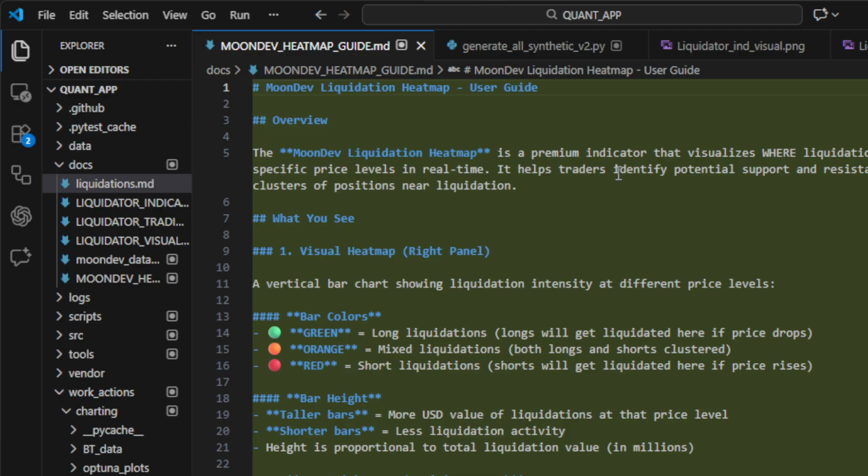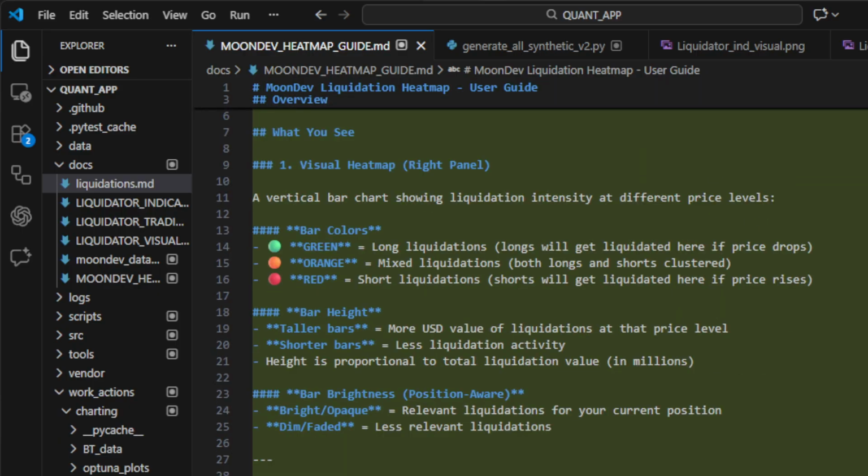It is a premium indicator that visualizes where liquidations will occur at specific price levels in real time. It helps traders identify potential support and resistance zones created by clusters of positions near liquidation. What you see is a visual heat map, right panel. So that's the one we are talking about here.